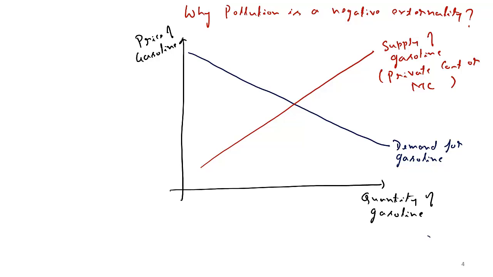Just take it at face value that supply is also the marginal cost, and it's private cost because it just takes into account the private actions.